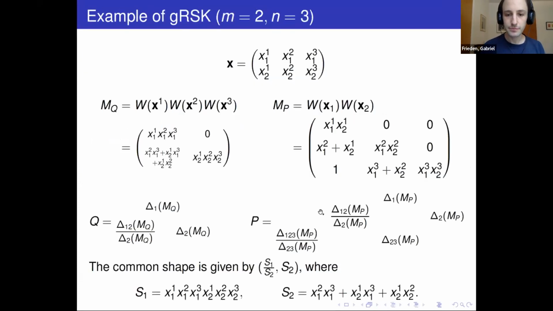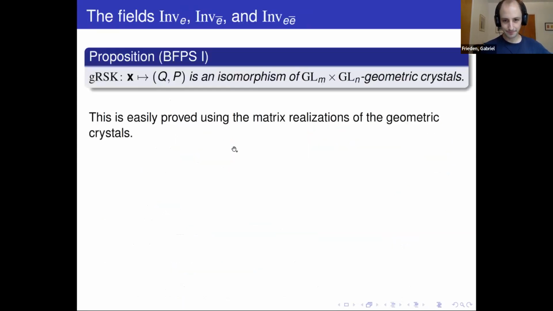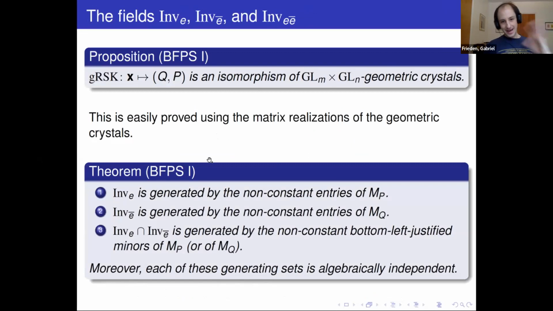Here there are 3 bottom left justified minors, but this bottom one is just 1. So we just have this S2 and this S1. And here we have S2 and S1. And each of these generating sets is algebraically independent.